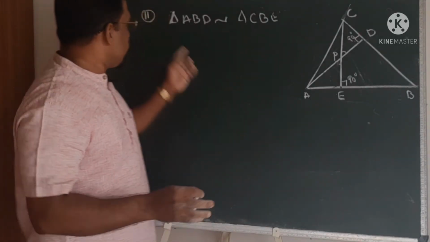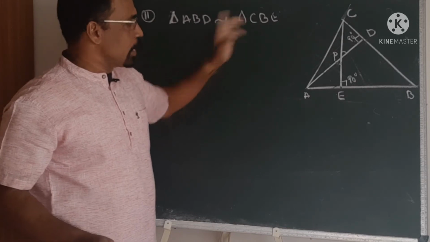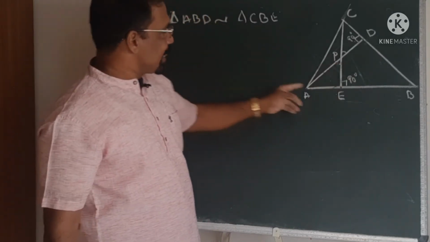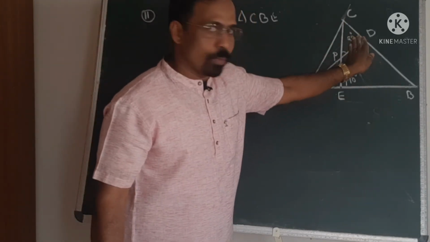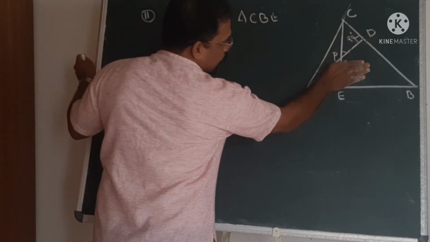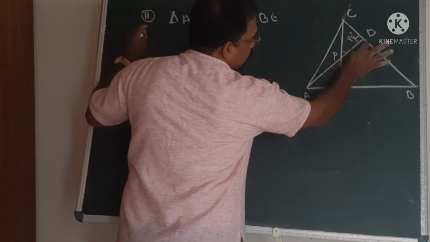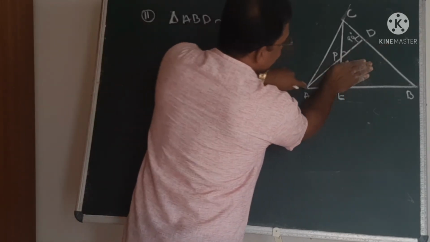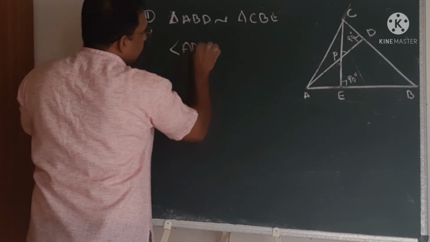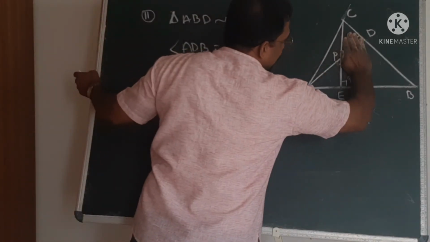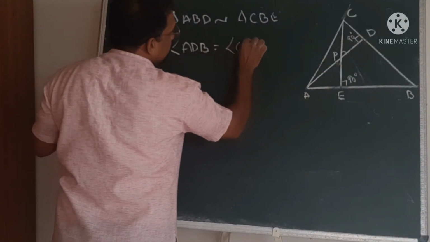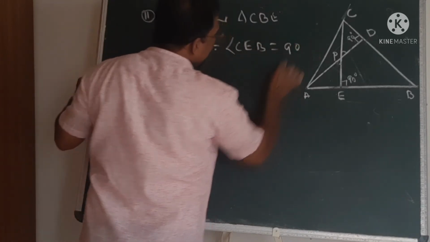In the second case, we have to prove that triangle ABD is similar to triangle CBE. Triangle ABD, this triangle, is similar to triangle CBE, this one. So, we have to prove that this triangle is similar to this triangle. Now, you see this triangle, we have this 90 degree, that is angle ADB is equal to angle CEB, both are 90.